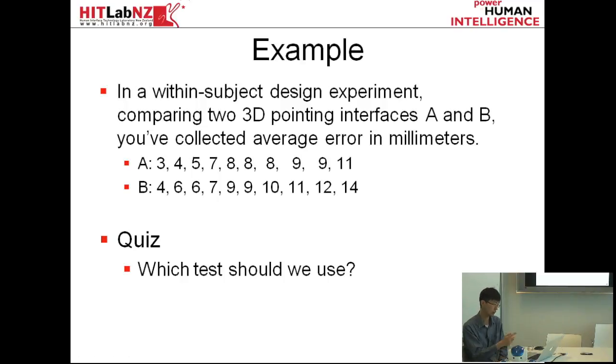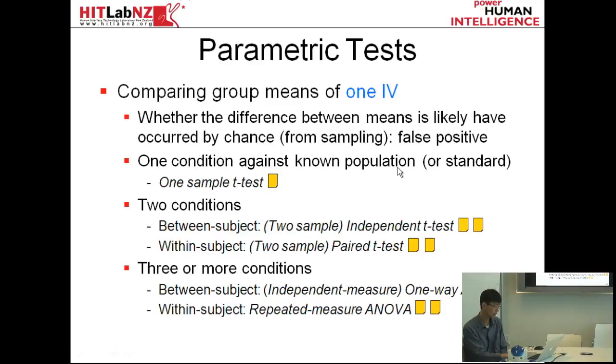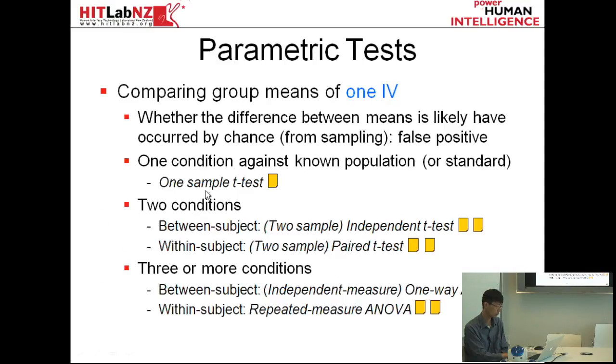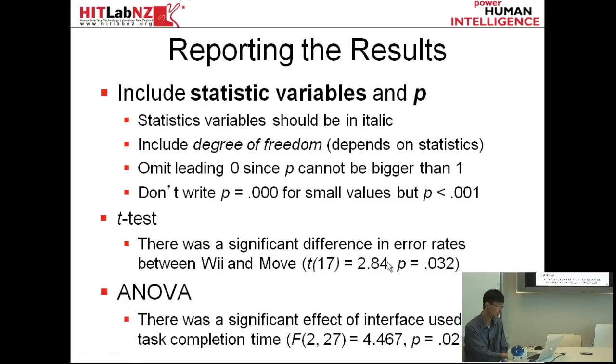Here it's error in millimeters, an interval ratio scale, so there's a chance that you can use a parametric test, and it's a within subject design. If we go back to the slide, it's a parametric test with two conditions, so it should be either an independent t-test or a paired t-test. Since it was a within subject design, we have to run a paired t-test, right?